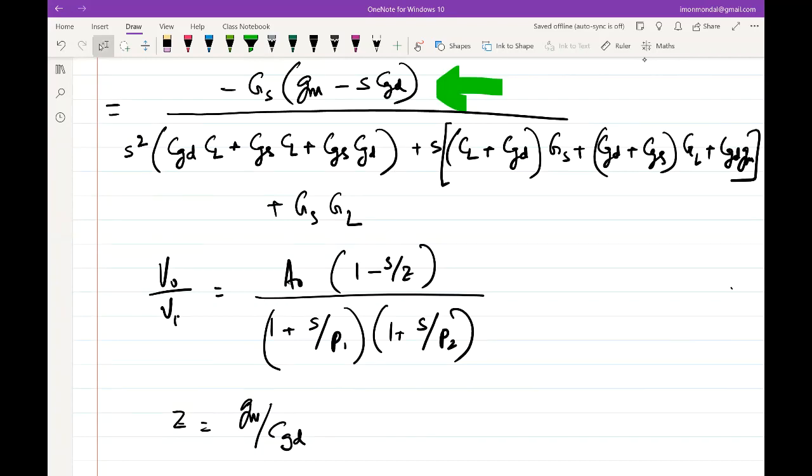Okay, so this is after writing out the transfer function. But since this is a circuit design course, we need an intuition to figure out, looking at the circuit, whether we'll have a zero or not. That is the next thing we would like to do.